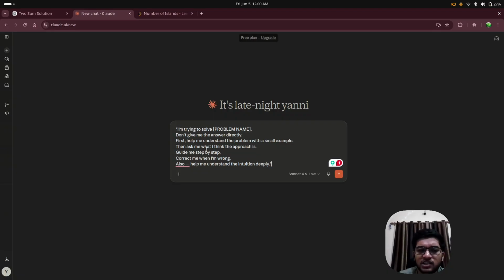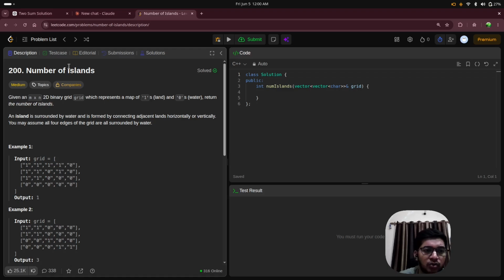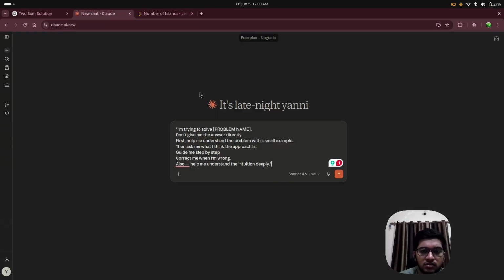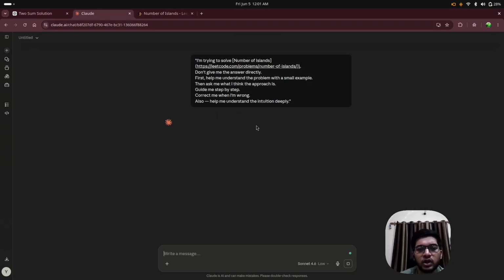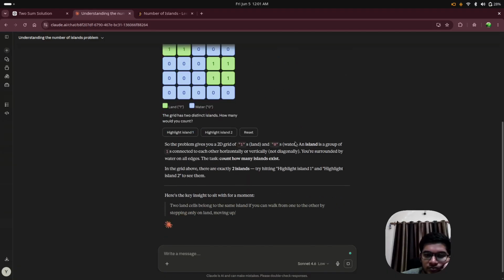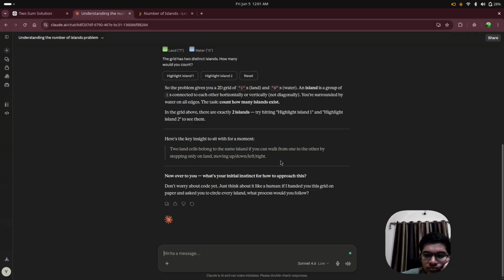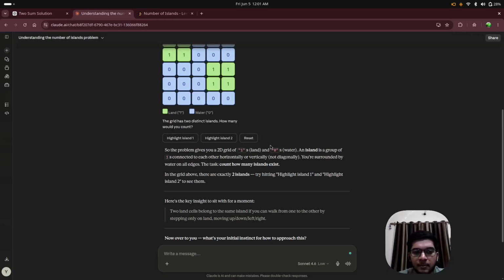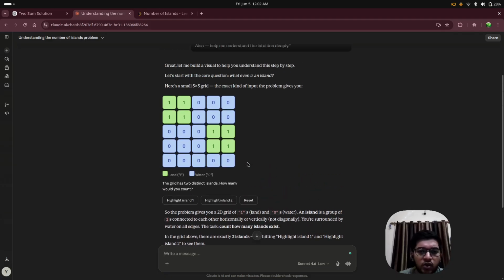I have pasted this exact prompt and picked any LeetCode problem. Let's go with Number of Islands, and that's it. Watch what happens. See, it's not giving any code.